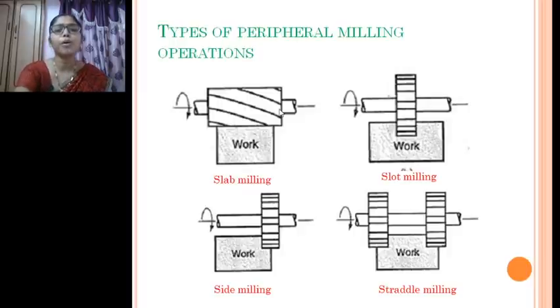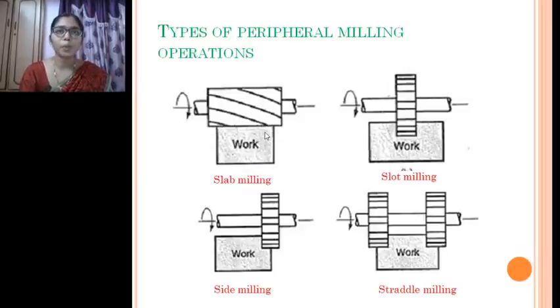If you see all the cases, in all of them the axis of the tool is placed parallel to the workpiece surface. If you take the first one, the slab milling operation, it is termed a slab milling operation where the tool width is larger than the workpiece width.